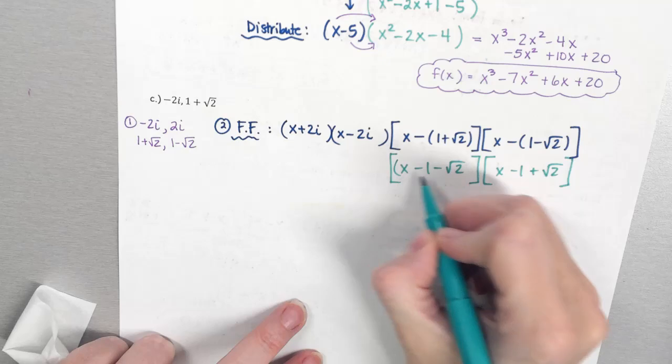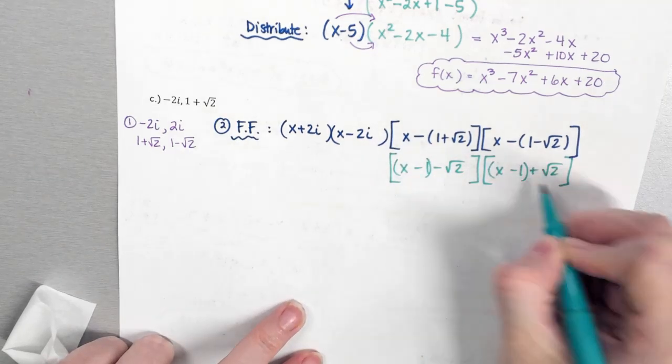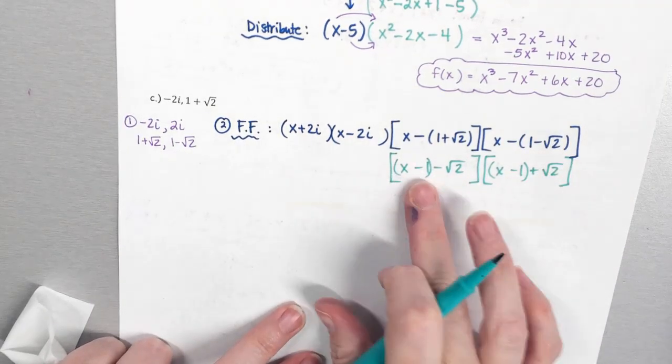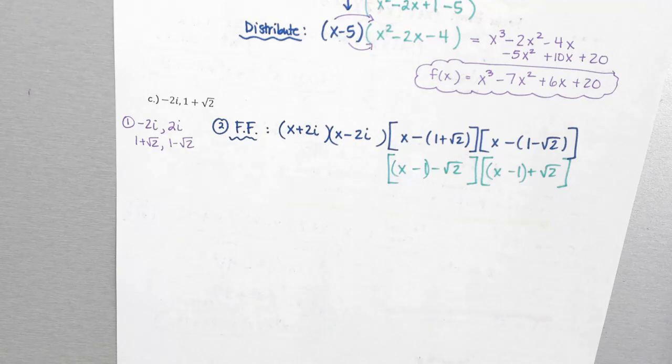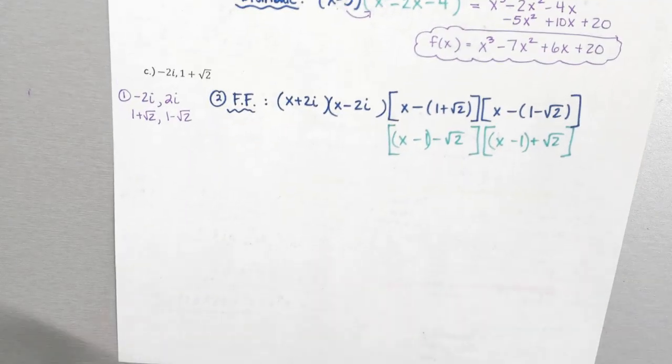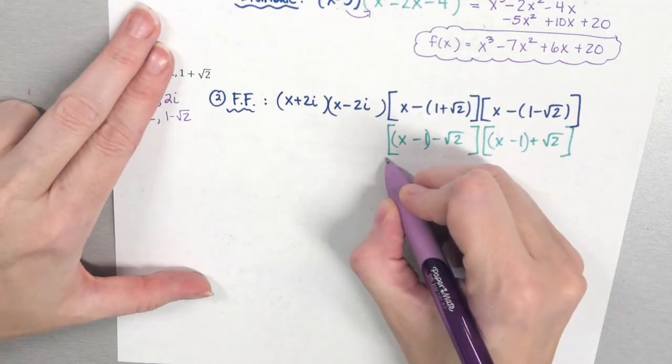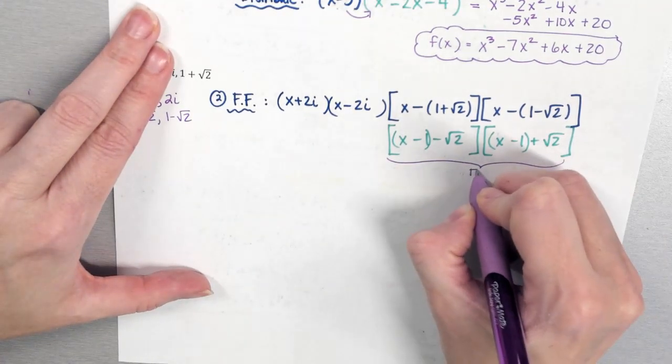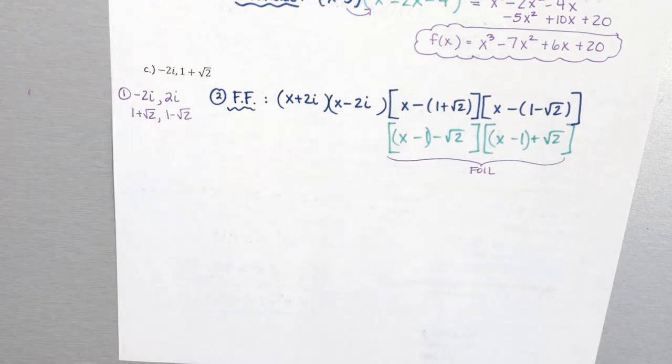Okay, and then, yes, these two groupings should be the same every single time. Alright, so let me kind of FOIL that. So first times first.